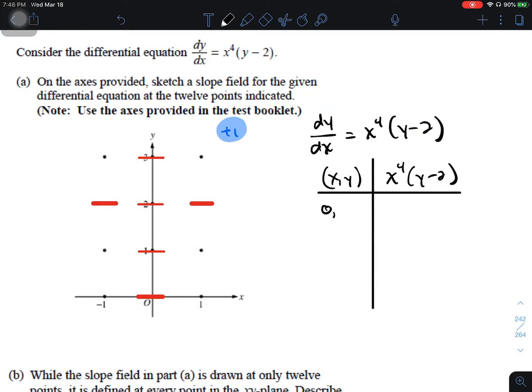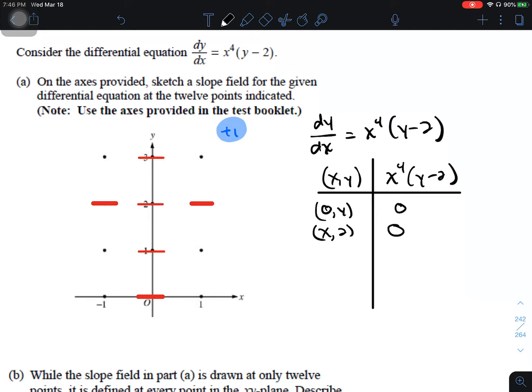I said if my x value was 0, my y value could be anything, and the slope's going to be 0. I said my x value could be anything, and my y value could be 2, and my slope's going to be 0. Keep in mind, what we see in this table, they're not going to grade that. They're just going to look at the graph. It's just for our help here.